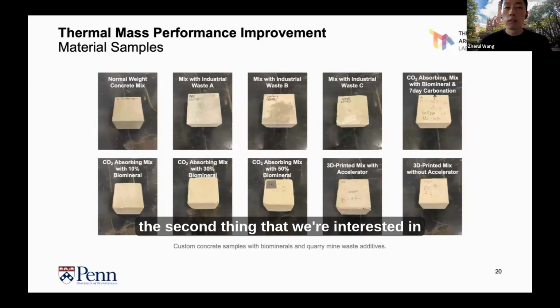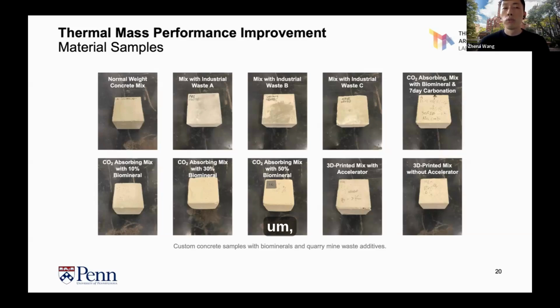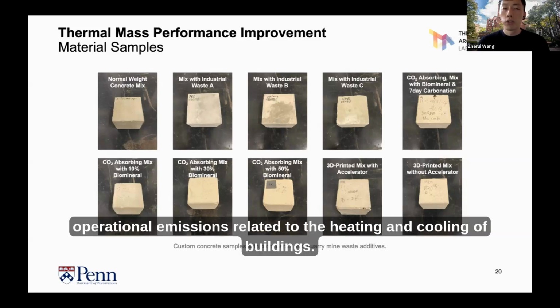The second thing that we're interested in investigating is that with these recipes, can we still maintain the optimal thermal mass performance that bears potential in regulating indoor temperature and subsequently help us to save operational emissions related to the heating and cooling of buildings.